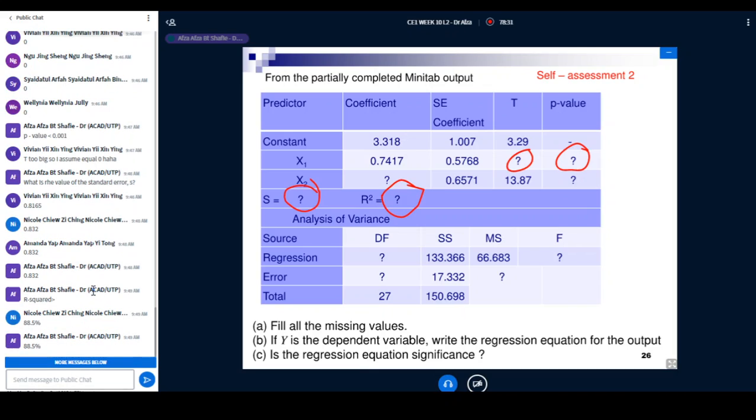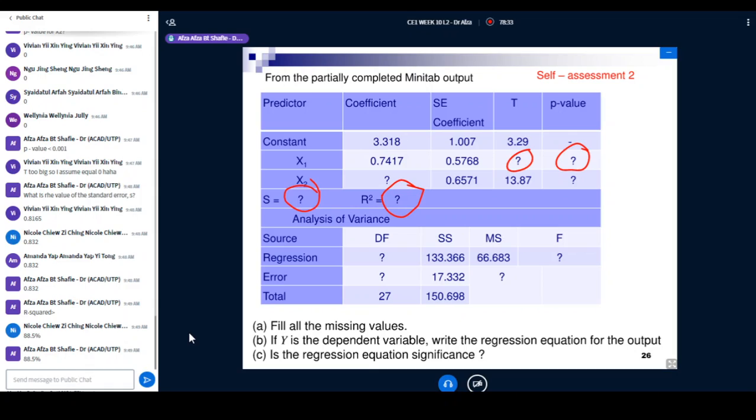Degree of freedom for the regression. Degree of freedom for the error. Okay. Degree of freedom here, this is 2. This is 25.